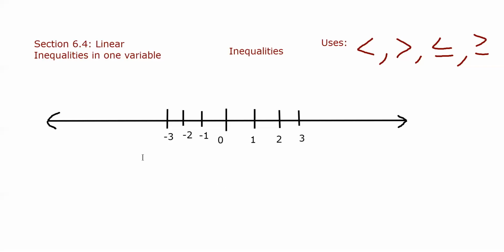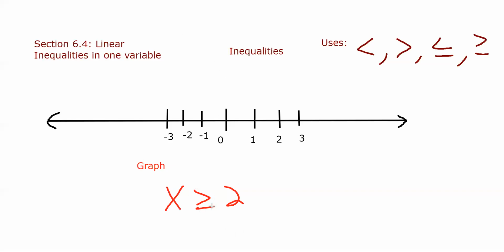So let's try this on for size. Let's graph x greater than or equal to 2. We're literally going to shade the region on the number line that corresponds to that.